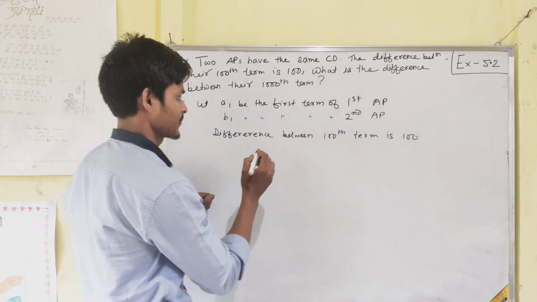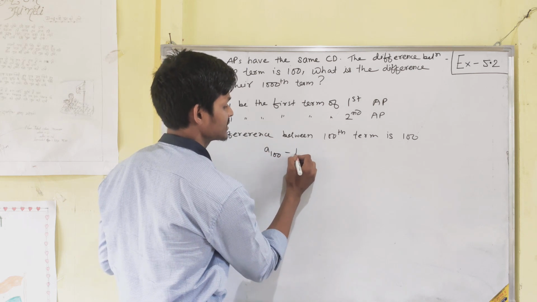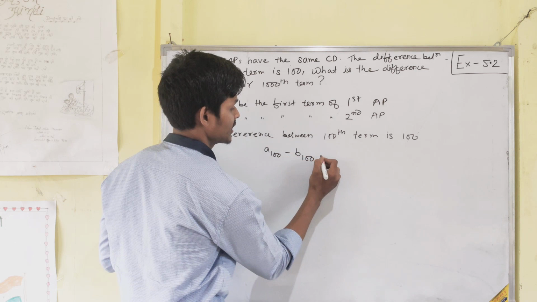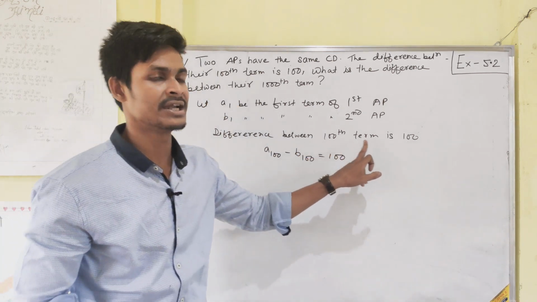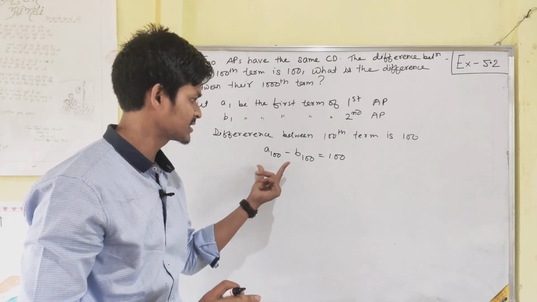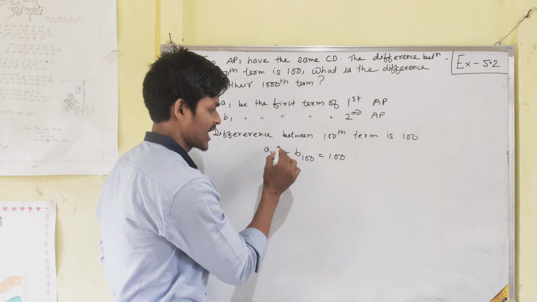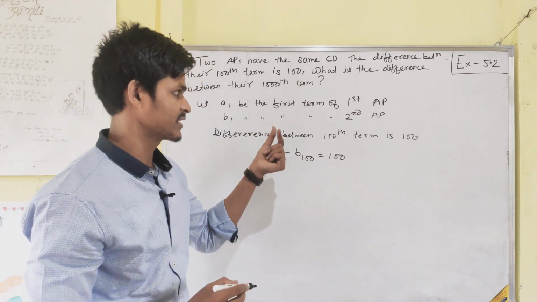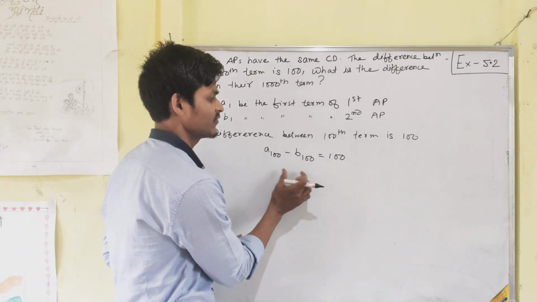That means A100 minus B100 is equal to 100. A100 will be the 100th term of the first AP and B100 will be the 100th term of the second AP, and their difference is 100.